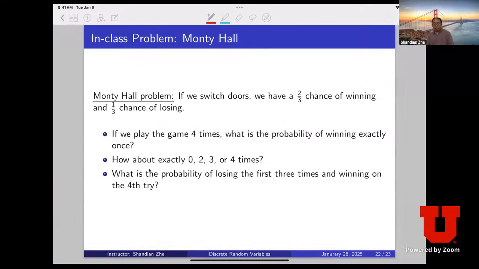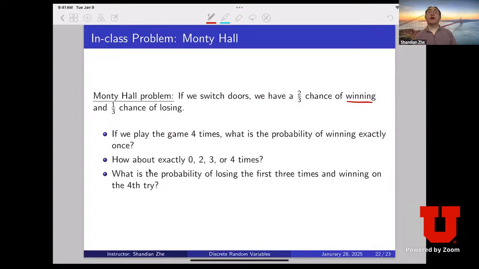So now let us review our Monty Hall problem. We previously discussed that when we play the Monty Hall game, if we switch the doors, we get 2/3 chance of winning, and only 1/3 chance of losing.